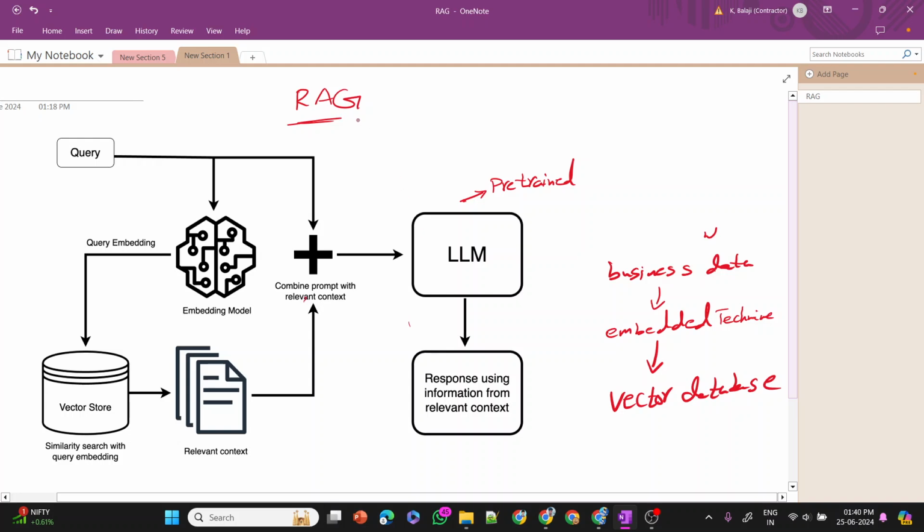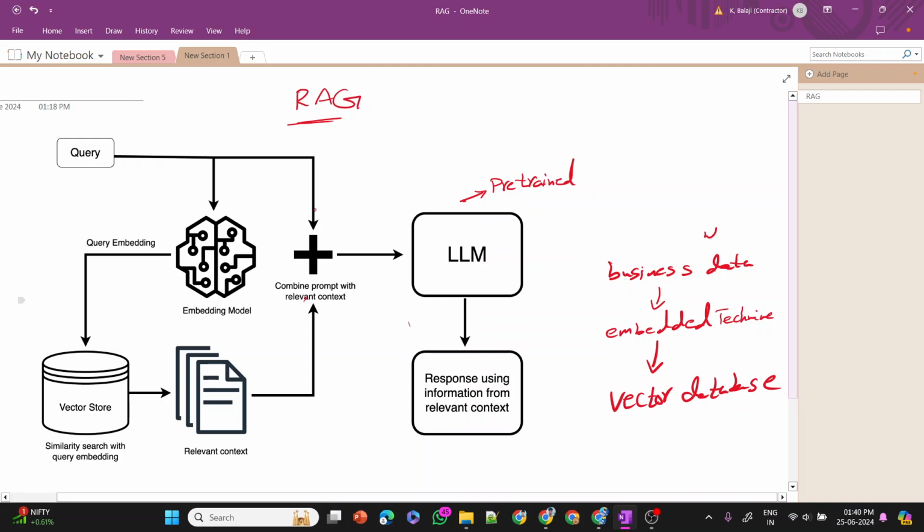By using RAG, we provide temporary knowledge to an LLM. By using that knowledge, the LLM will answer the questions asked by the user.